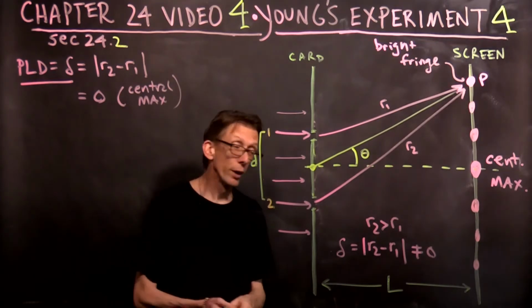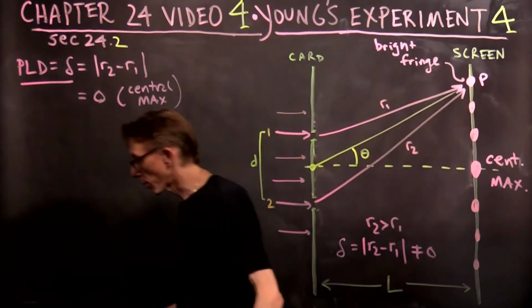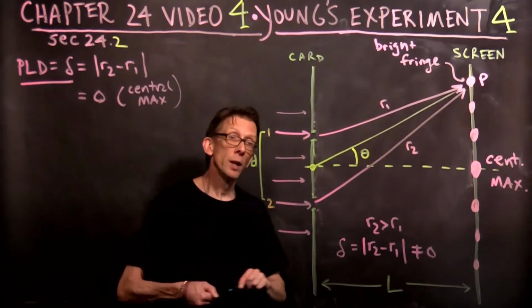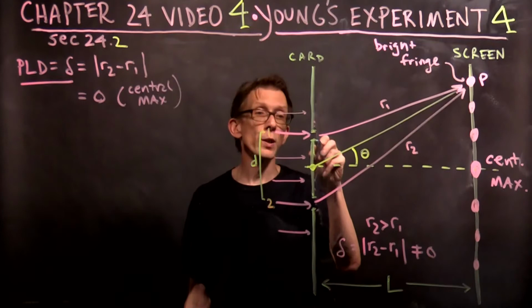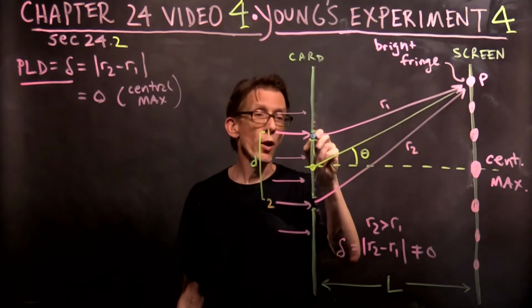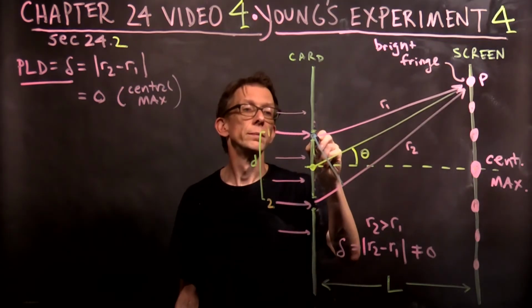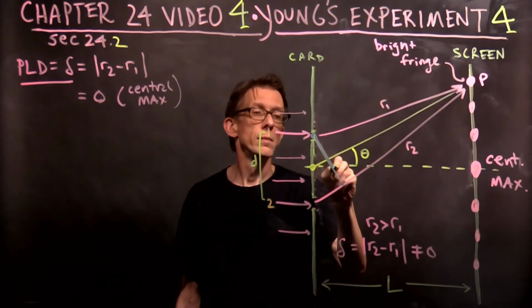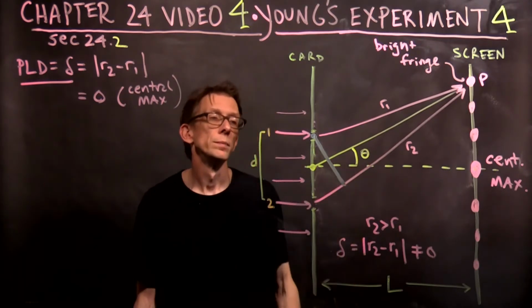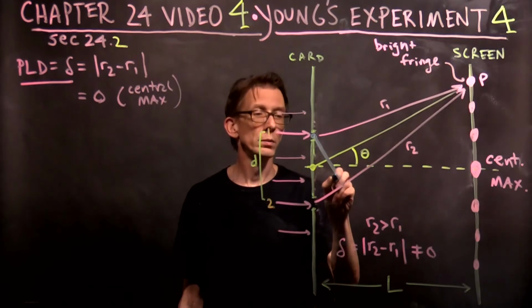Now, that's not the triangle. The triangle I think I'm going to do in blue. Might not be too bright, but it'll at least be different colored. I'm going to draw a line from slit 1 straight down to R2 such that they meet at a right angle like that. Okay, so this is a right angle.